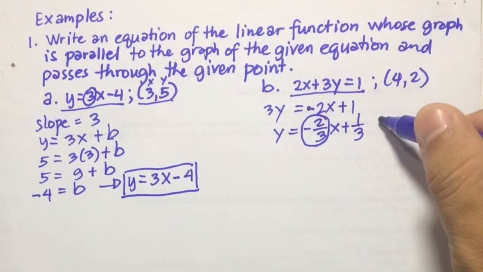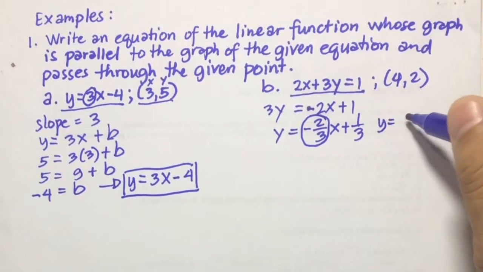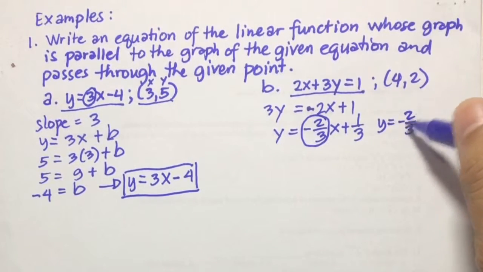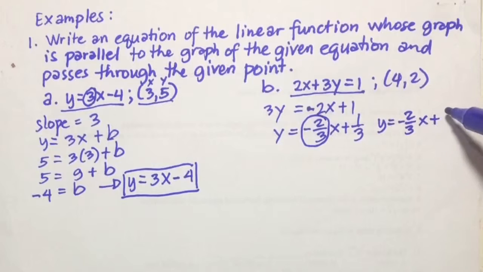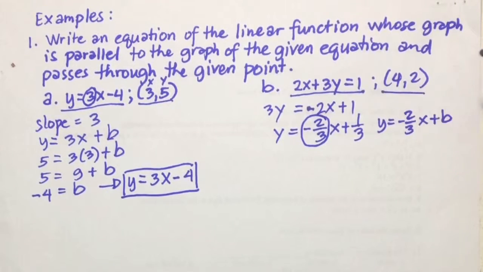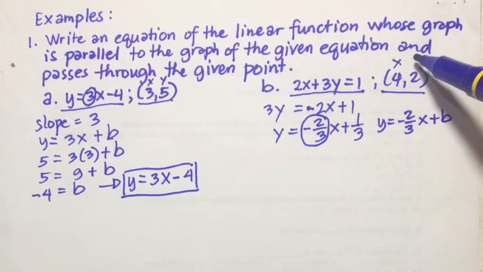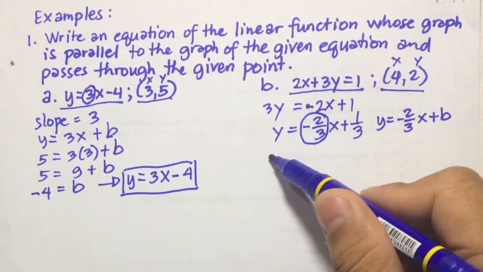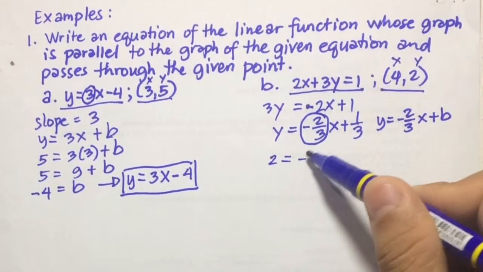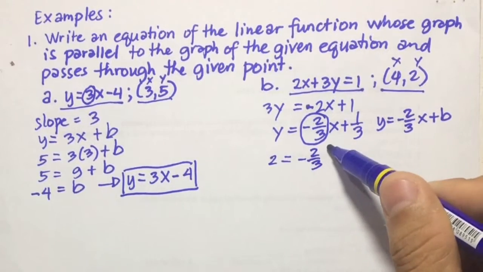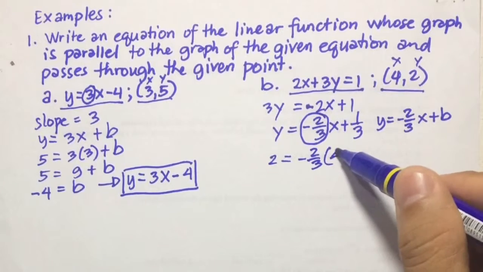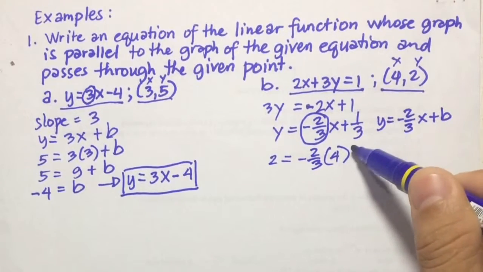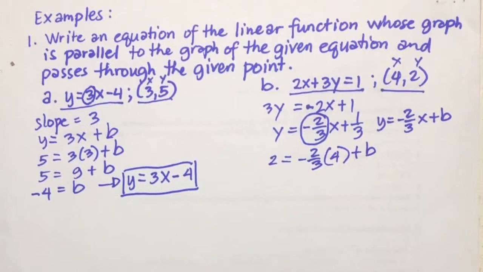So we're going to use the equation y equals -2 over 3 x plus b. Then using the point for x and y, we're going to have y, which is 2, equals -2 over 3 times x, which is 4, plus b.